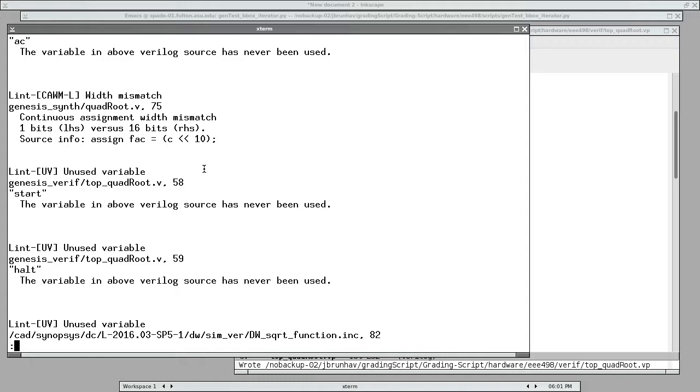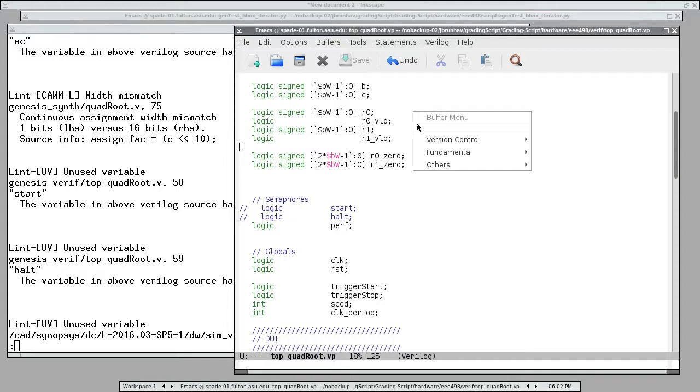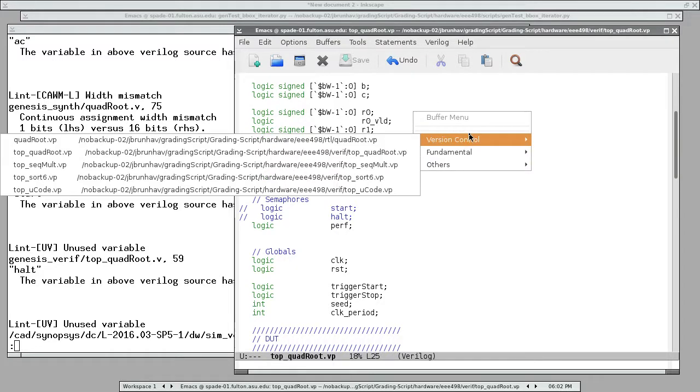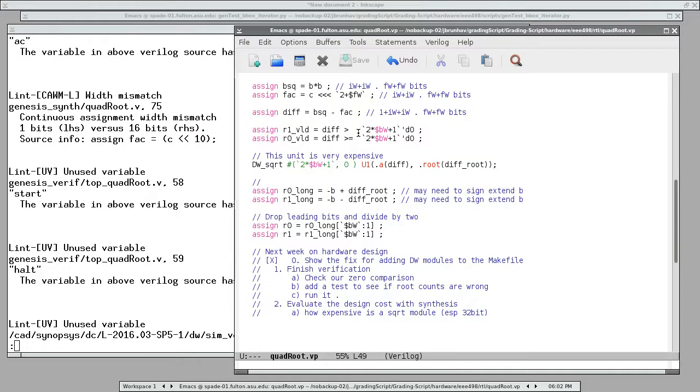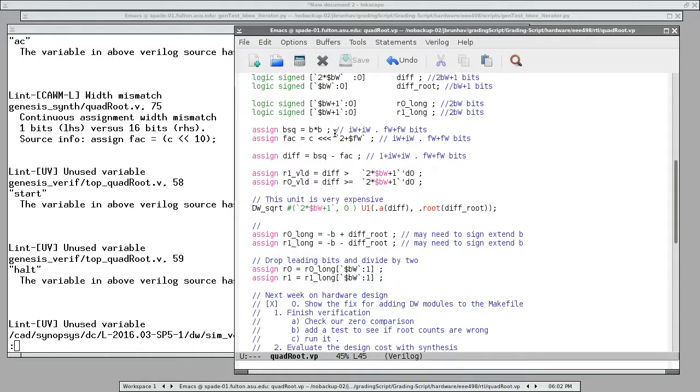Let's see, lint width mismatch, continuous assignment of 1 bit on the left-hand side versus 16 bits on the right-hand side. Interesting. Okay, so what is that? It's saying that's near QuadRoot 75. So that would probably be a functional bug.